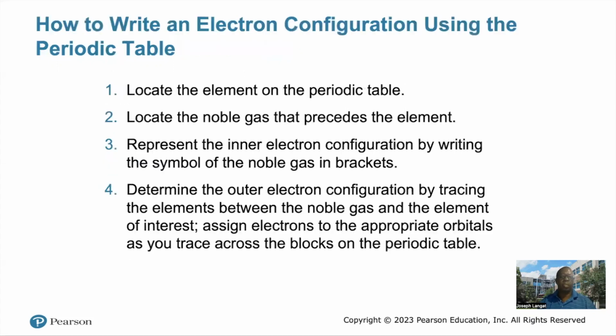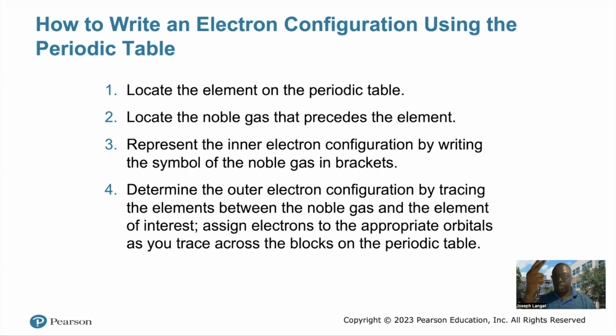So for example, how to write using the periodic table: locate the element, the position of an element on the periodic table tells you how many electrons. Hydrogen is number one, it has one valence electron.